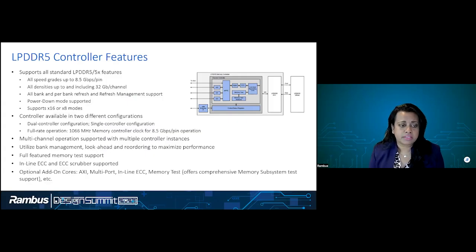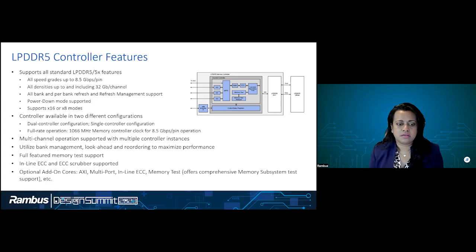We do provide multi-channel operation support as well. And to hit maximum performance, the controller utilizes bank management, look ahead, and reordering. And as mentioned in the previous slide, you do have the option of the various add-on cores that you can add on to the memory controller, such as the AXI multi-port and inline ECC.